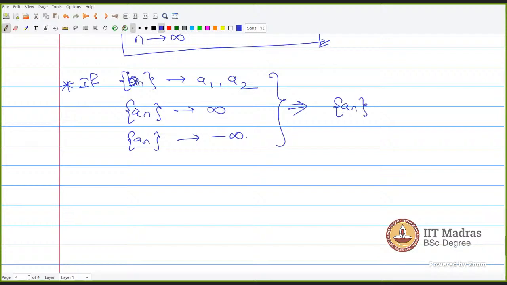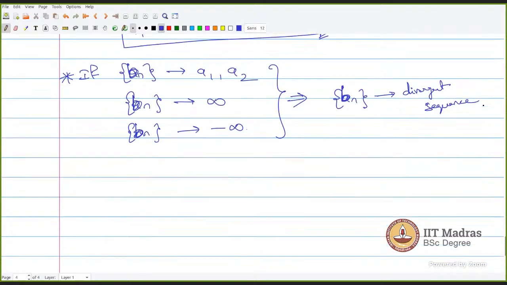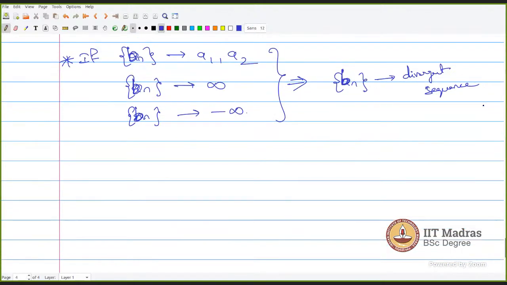How can it tend to both A1 and A2? I will tell an example. Now let us take some examples where it is convergent, where it will take two values, where it will be infinite, and where it will be minus infinity.